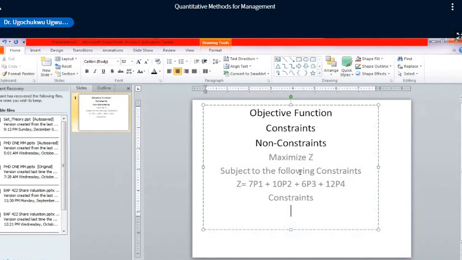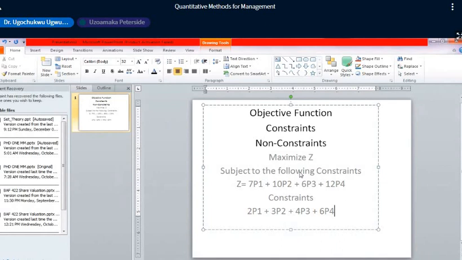Let us say each of your products will be costing, for process 1, it will cost 2 naira for P1, so that we have 2P1 plus 3P2 plus 4P3 and then 6P4.